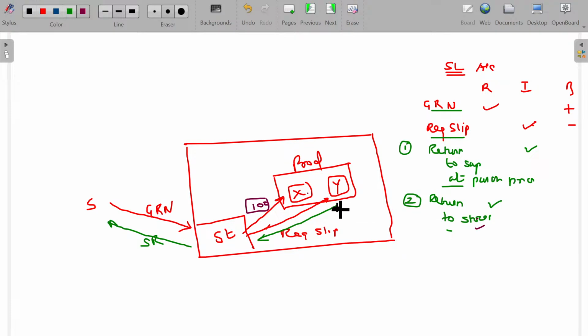Rather than returning to the store, he can simply divert this to Y. This is called transfer. In case of transfer from one job to another job, it is not required to record. This will not be recorded in the stores ledger.